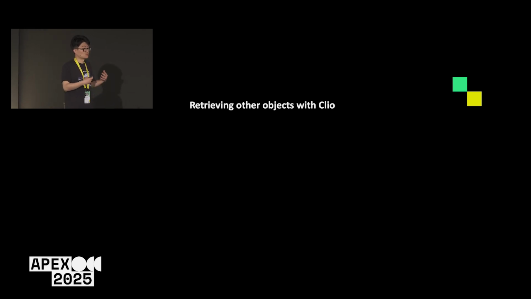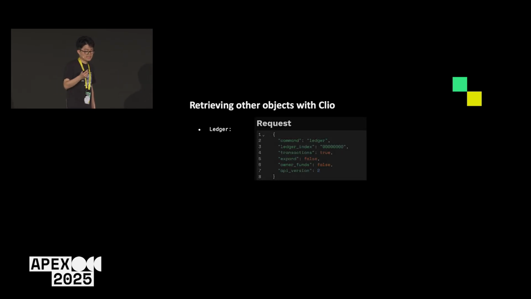So how does Clio retrieve other XRP ledger objects? As I already mentioned, Clio allows you to do more, to answer more questions, to empower you. One of the Clio-only methods that Clio has is something called ledger. So let's say you just want to ask the question, hey, on ledger 90 million, what are all the transactions?